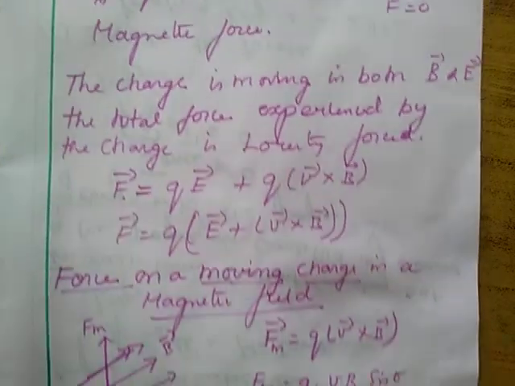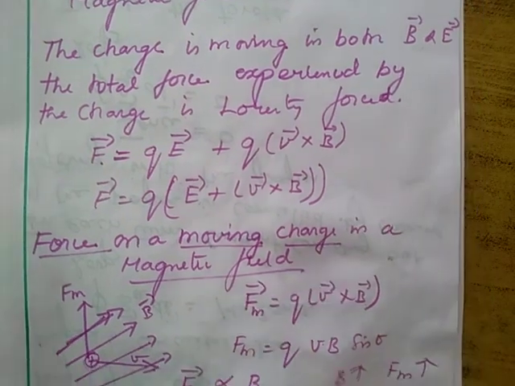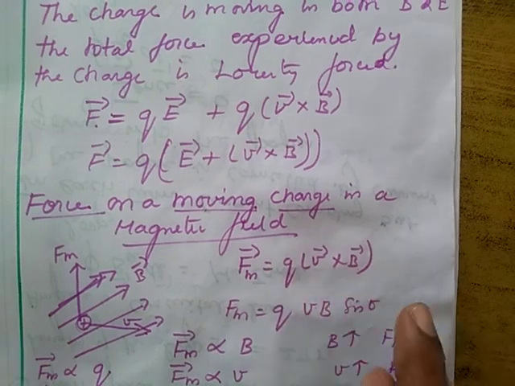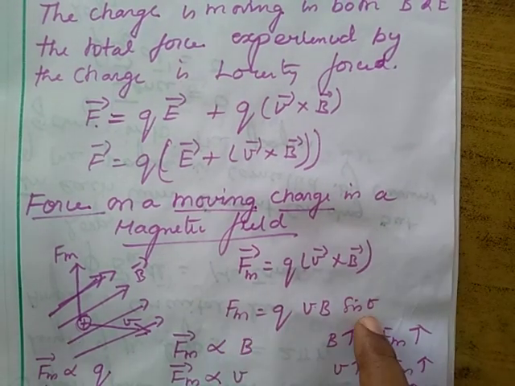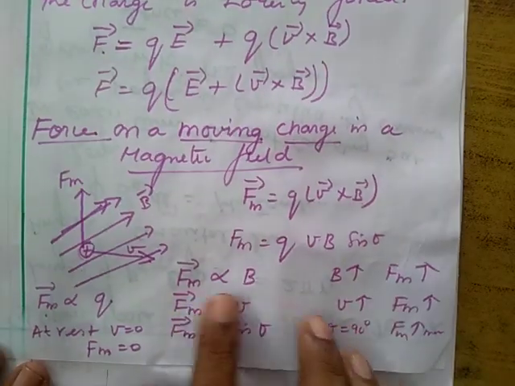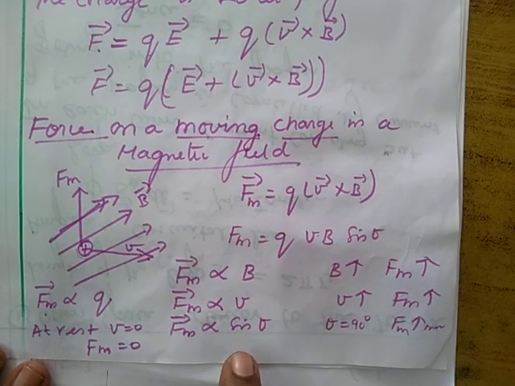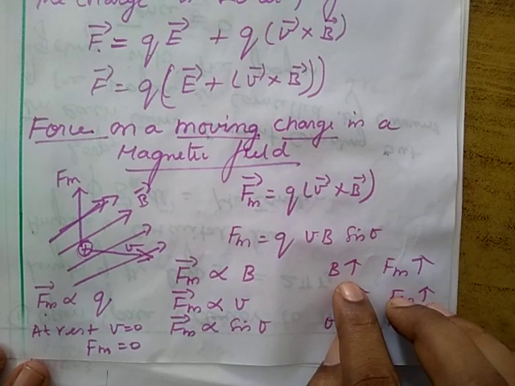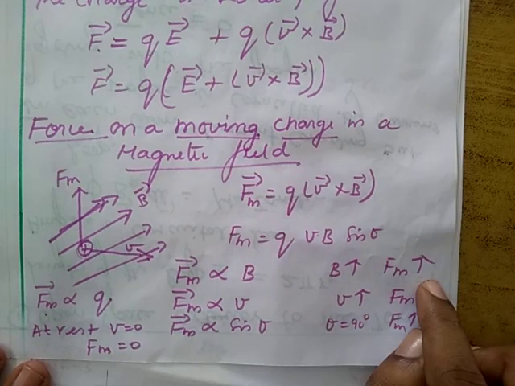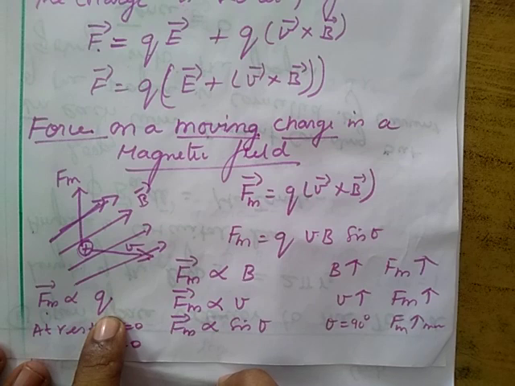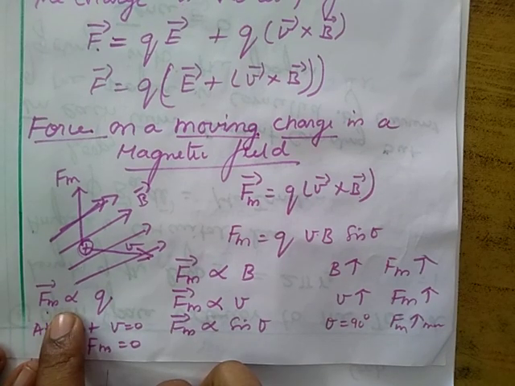This is the Lorentz force expression: F vector is equal to q v vector cross B vector. Here the Lorentz force is directly proportional to the magnetic field, the velocity of the charge, and the angle between the v vector and B vector. If the magnetic field increases, force increases; if velocity increases, force increases; if the magnitude of the charge increases, force also increases.